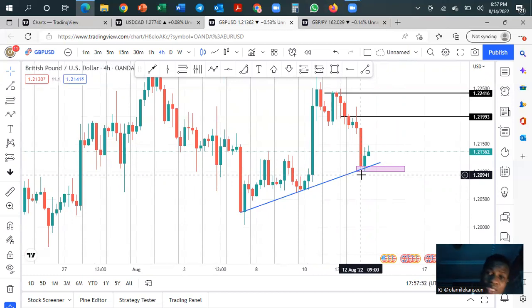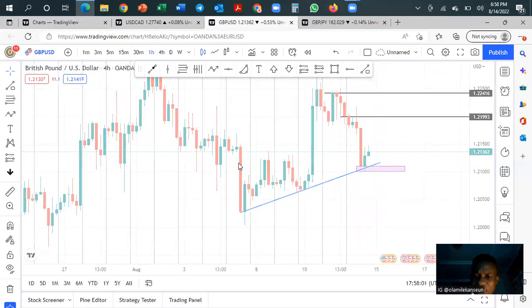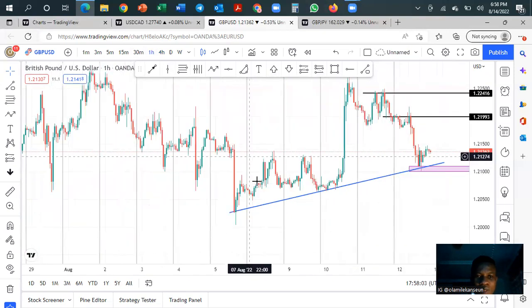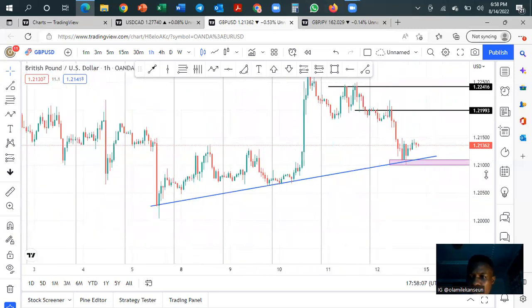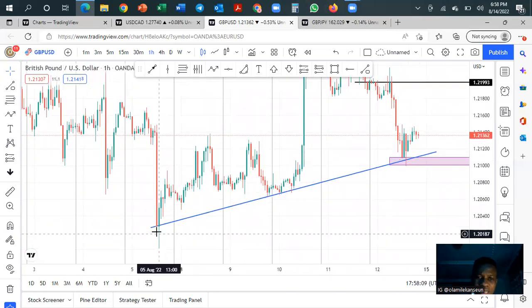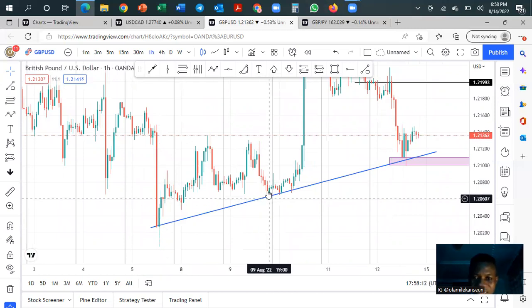What I have for you guys today is how to effectively use the trend line to be profitable in the market. So let's go to the 1 hour time frame and see what actually happened. You can see on the 1 hour time frame, these are first touch. You can see these are second touch.